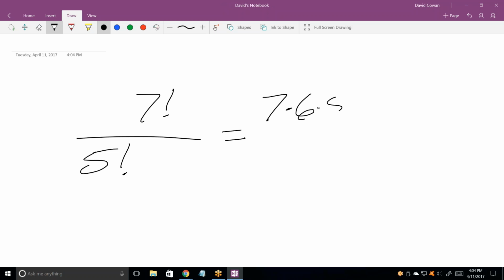Oh my gosh. Okay, so that's 42. Right, not 49. In other words, this is always going to be 7 times 6 because the rest of it cancels with the denominator. That's the way you look at it. Doesn't matter whether it's a combination or a permutation.